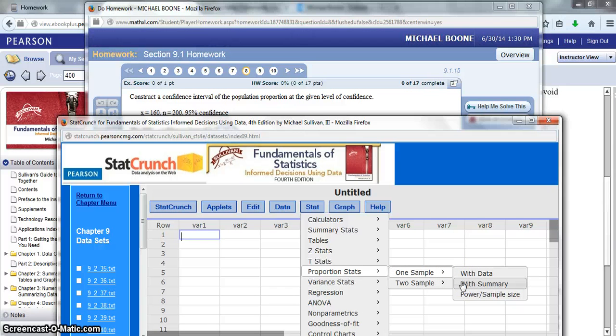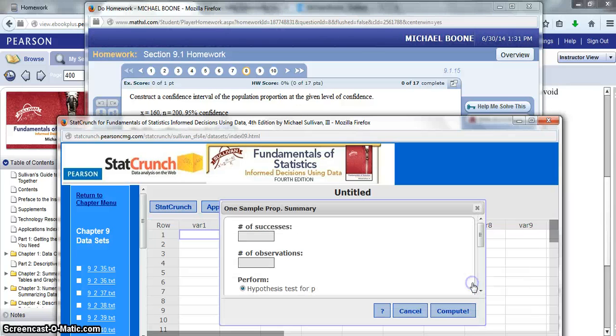For proportions, most of the time we will be given a summary of information. If we were given a whole bunch of yes, no's, no, no, yes, yes, we would actually use the data. But if we're just given what our sample size is and how many people said yes or answered the survey question a particular way, we would be doing with summary.